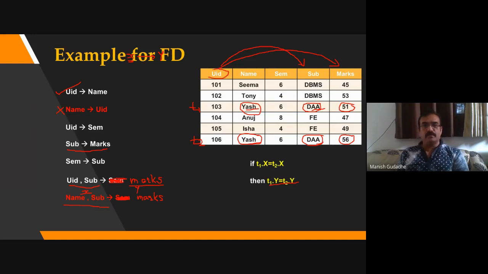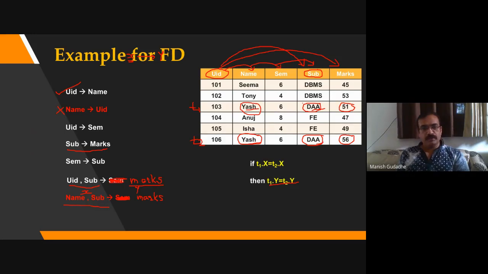So to determine marks with UID, I need the help of subject. But for the other three, UID can determine them alone: semester, name, and subject, but not marks alone.